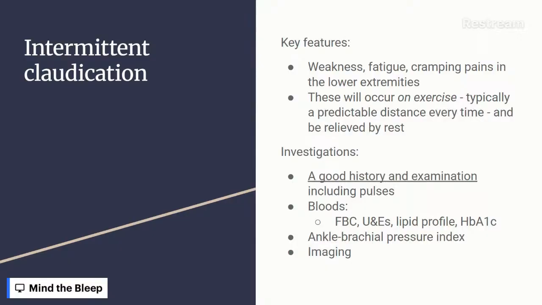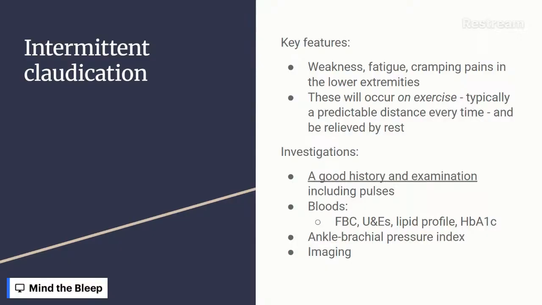And then other bedside investigations, so your ABPI, ankle brachial pressure index, is a very useful tool for stratifying the extent of peripheral vascular disease, and it allows you to establish a trajectory as well.